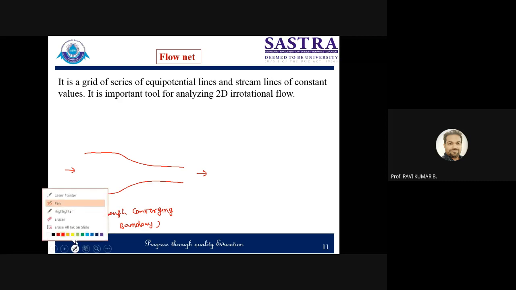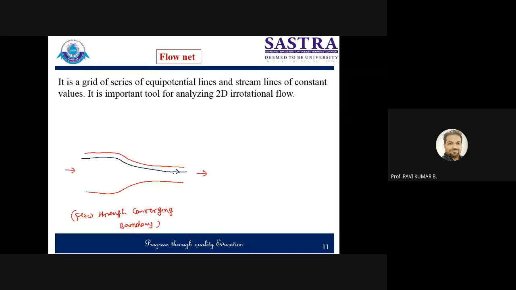So flow pattern, as I said, there are two kinds of flow pattern that we consider. One is called streamline, which will give us the direction. First, I will draw the streamline. So the streamline will follow the boundaries, right? It will be going like this. So the streamline will show us the direction. Second streamline: chances are the middle line will be going exactly straight. Then from this side also the flow will be going like this.